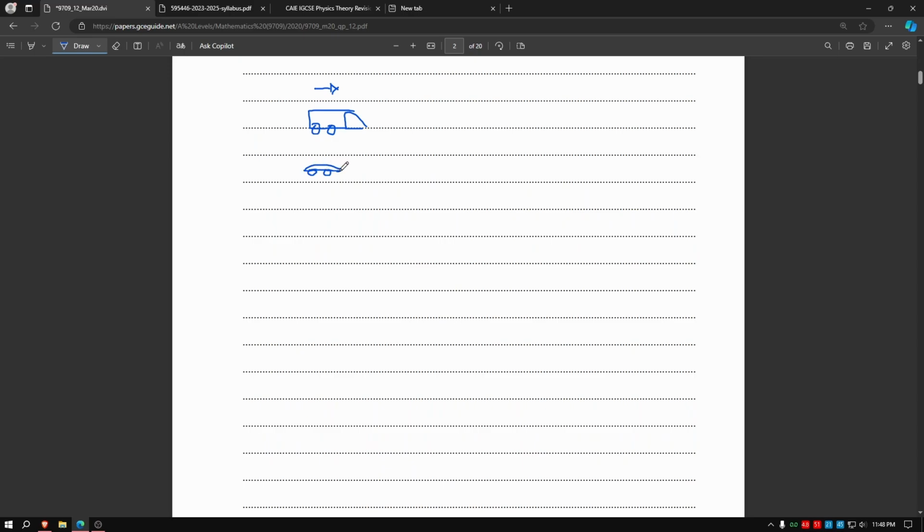Sorry for this weird car, but this will have to make do. So both are traveling to the right. This truck has a speed of 20 meters per second, and this car also has 20 meters per second.